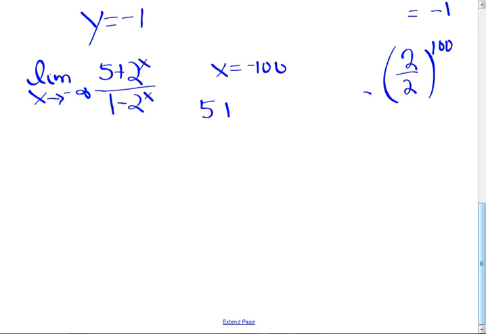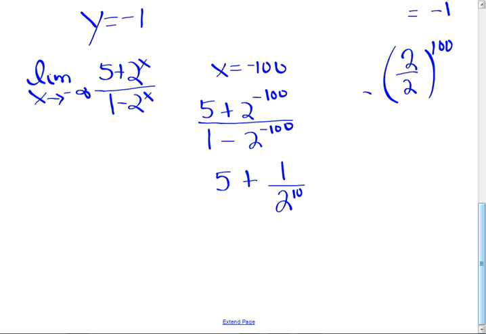So it's 5 plus 2 to the negative 100 over 1 minus 2 to the negative 100. So that's 5 plus, what's 2 to the negative 100? It's going to 0, but what is it so you can see it? It's 1 over 2 to the positive 100. Is that okay? Well, we had some problems in the last class with that.